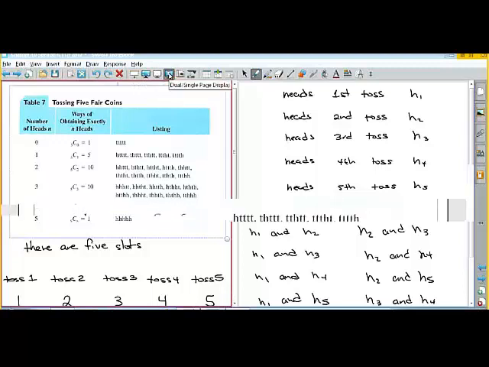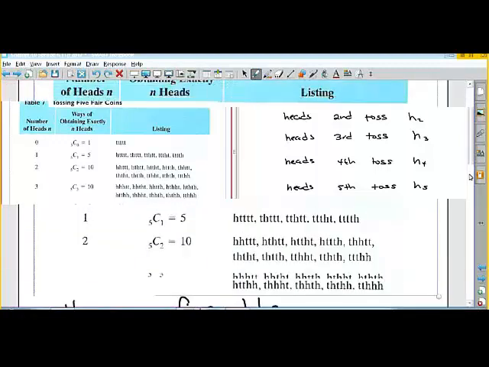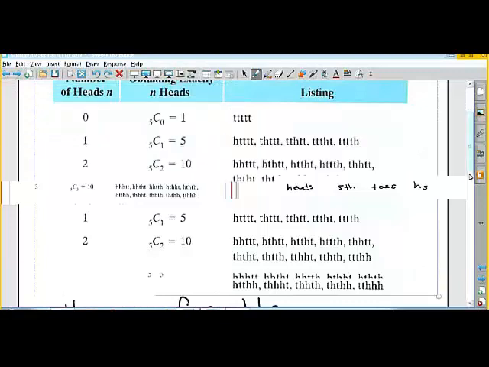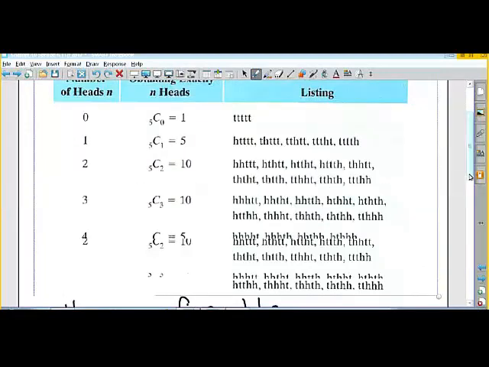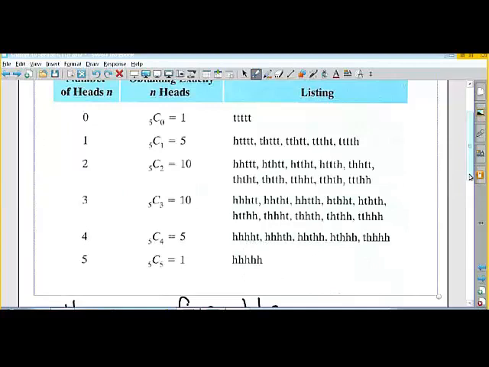You can use combinations to come up with a way of predicting not only the total number of different arrangements, because the total number would be based upon the fundamental counting principle, a 5-step process, 2 times 2 times 2 times 2 times 2. What I'm doing here to find how many out of those 32 are 0 heads, 1 head, 2 heads, 3 heads, 4 heads, 5 heads, I can end up using the combination formula to get the results.